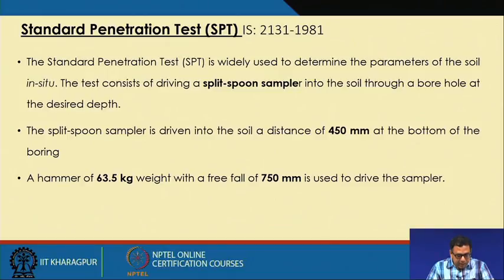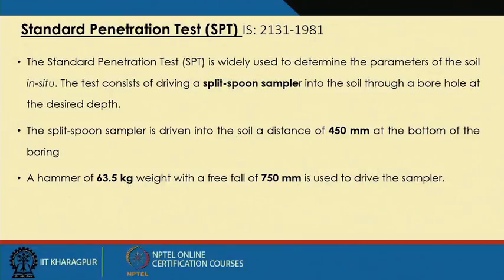A hammer of 63.5 kg weight with a free fall height of 750 millimeter is used to drive the sampler. That is why these things are standard. Your height of fall is standard, that is 750 millimeter, and the hammer is also standard, 63.5 kg.